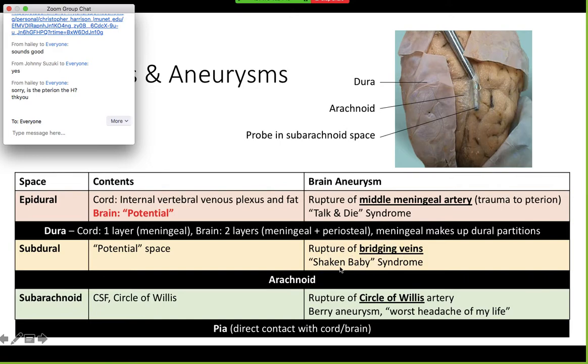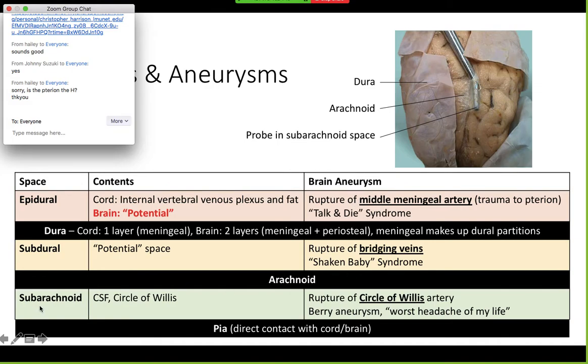And also in infants, shaken baby syndrome. What results from that is also a subdural hematoma. So here you want to think elderly and infants as your common scenario. And then epidural hematoma would be from trauma.